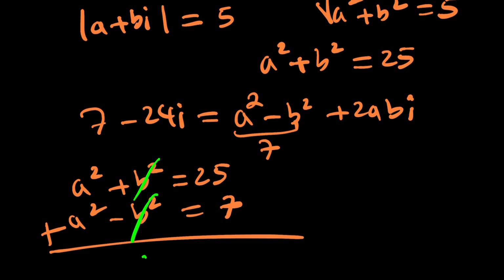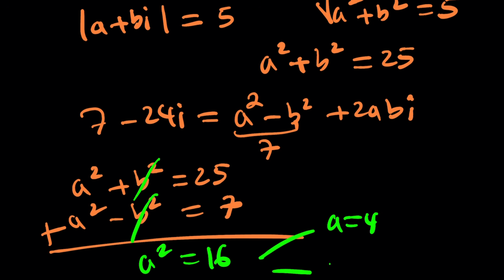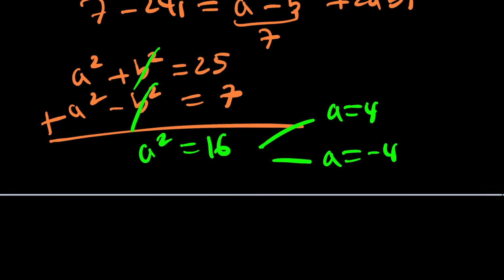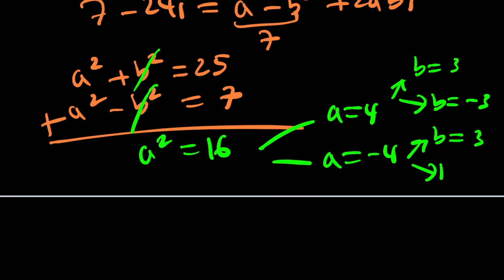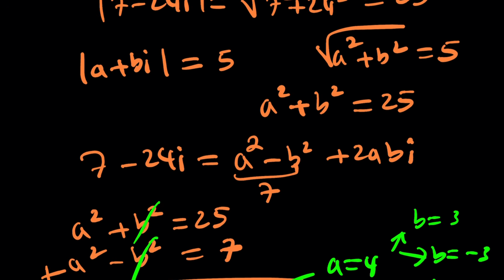2a squared is 32, a squared is 16. So from here, a can be 4 or negative 4, right? And if that's the case, for example, if a is 4, b squared is 16 minus 7, which is 9, so b can be 3 or negative 3. Of course, not all these cases are going to work, but I'm still giving you all the possibilities. Now, what you need to do is check which cases will work for you, right?